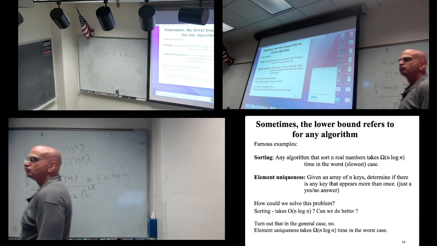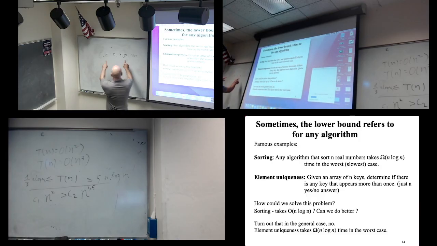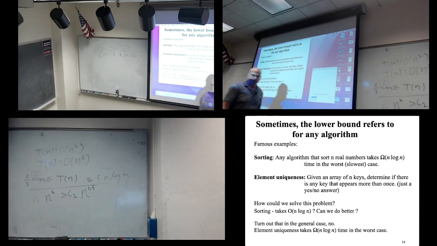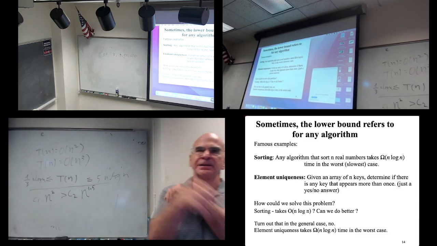I didn't ask if the first element is the one that appears twice. I'm asking if there are any elements that appear more than once. So it's not for one element, it's linear time.